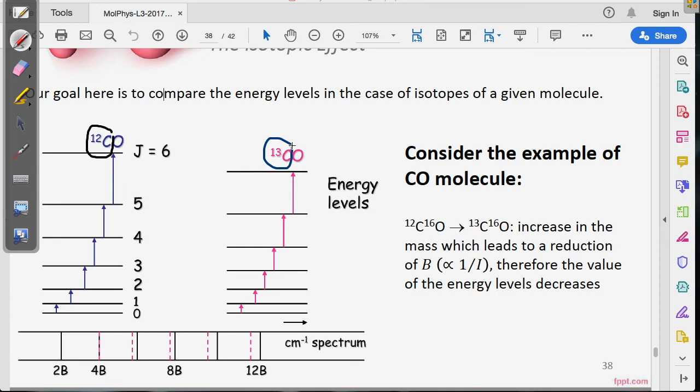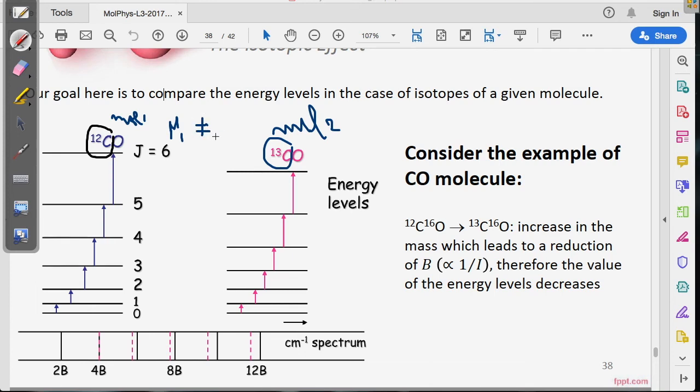So what would change between these two molecules? If we call this molecule 1 and this is molecule 2, what would change is obviously the mass. Which mass? The mu. So this will have a mu1 different than mu2. And let's see why.